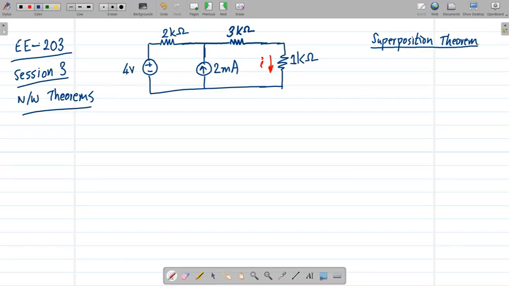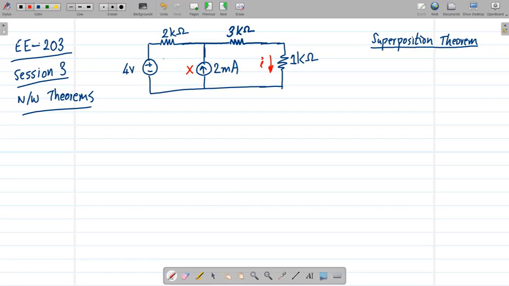If you want to do superposition, first you want to calculate the effect of a 4 volt voltage source on the 1 kilo ohm resistor. So in that case, you have to open circuit the 2 milliamp. Let me use a different color. When I'm calculating the effect of the voltage source, I have to open circuit the current source. And now what is the current flowing into the circuit?